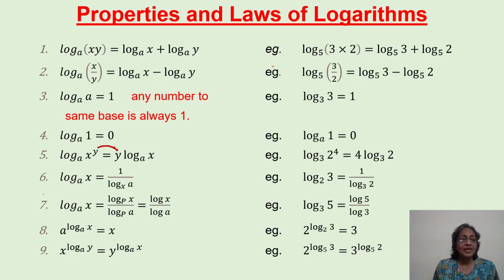So you'll see what we get. Y raised to log of x to the base a. Take a simple example. 2 raised to log of 3 to the base 5. What happens here? The 3 and 2 will interchange their positions. So this will become 3 log 2 to the base 5.